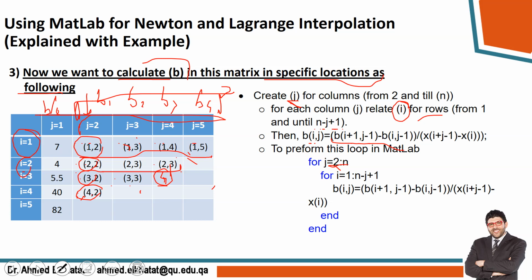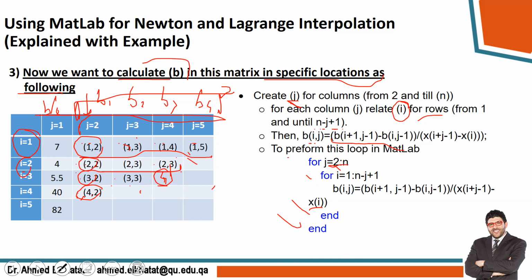So we can say for i equal 1 until n minus j plus 1, then calculate p(i, j) equal to p(i plus 1, j minus 1) minus p(i, j minus 1), divided by x(i plus j minus 1) minus x(i), then end.